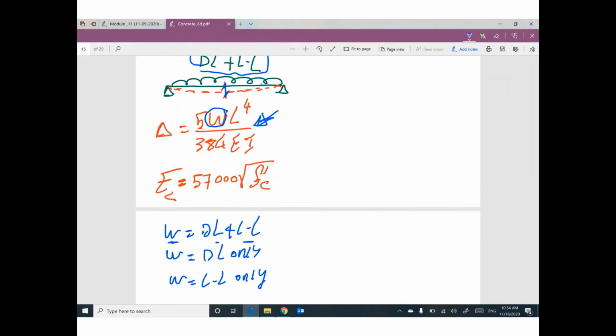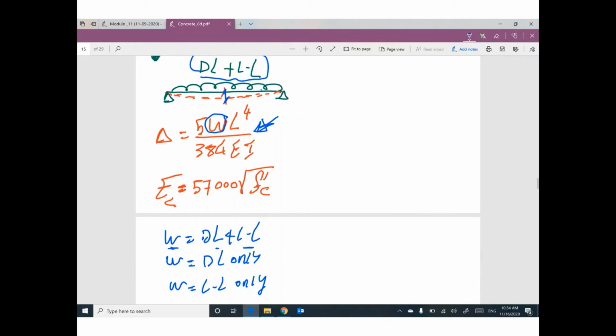The same expression, 5 WL to the power 4 divided by 384 EI. We don't use factor 1.2 or 1.6 for deflection.